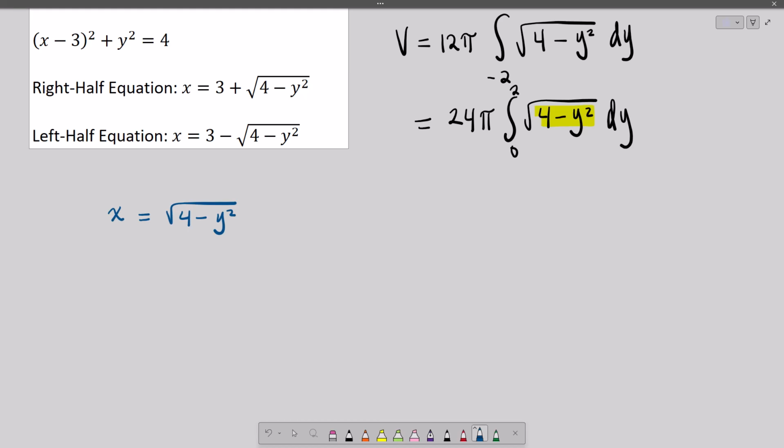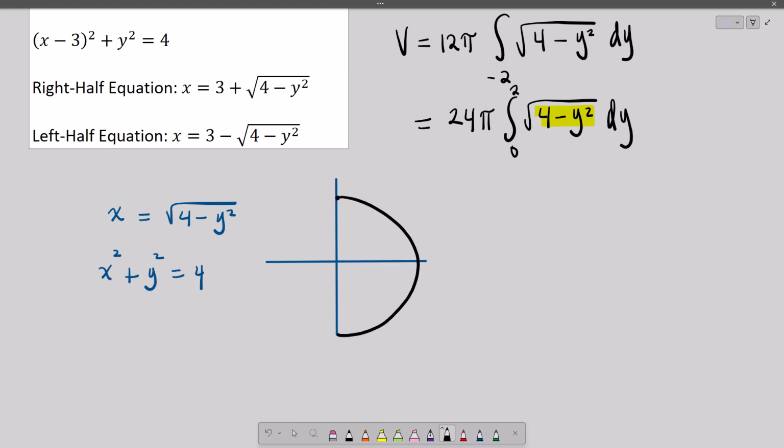And if you weren't sure what it is, you could say, oh, let's square both sides, add the y's. This is a circle of radius 2, but if you isolate x and choose the positive square root, you are generating the circle of radius 2 that is centered at the origin, and you're generating the right-hand side. This is x equals the square root of 4 minus y squared.